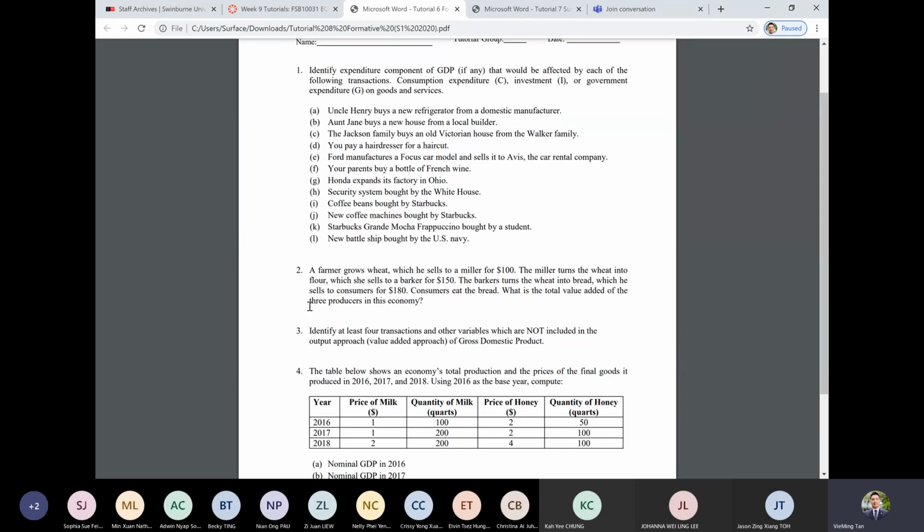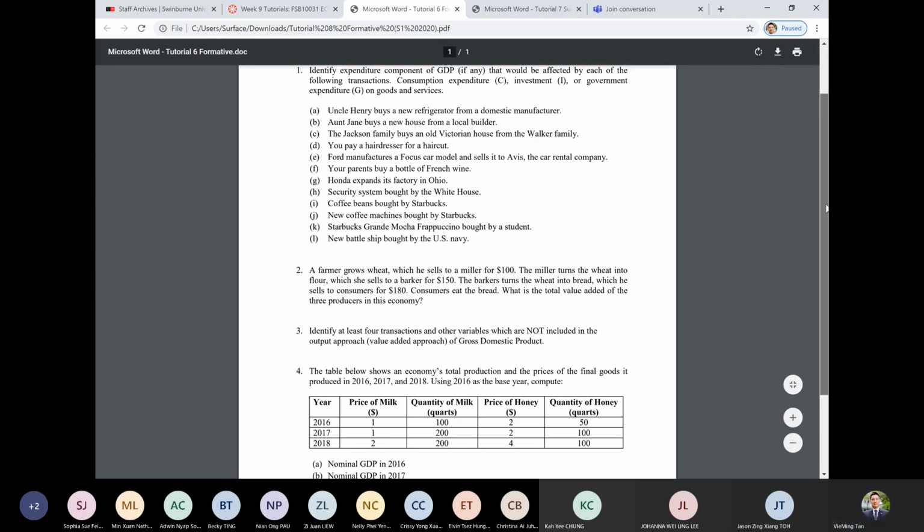Part two is using the production approach, or we call it the output approach. For the calculation, you need to only include the final product value for question 2. Question 3 tests your understanding of the production approach too: what activities should not be included in the output approach.